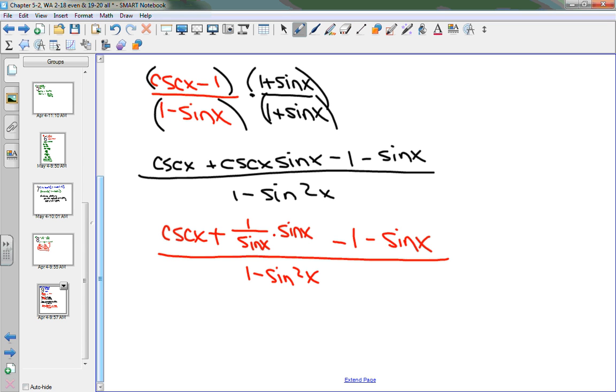Because cosecant times sine cancel each other out and give you the value 1. So what I have here is a 1, and then I have 1 minus 1, which cancels out to be 0. Do we see that? Yes or no? 1 over sine times sine turns into 1, and I have 1 minus 1 combining like terms to give me 0. So you're left with cosecant plus sine of x.